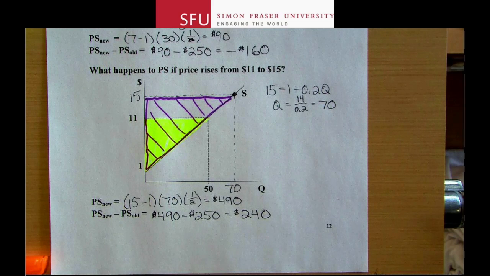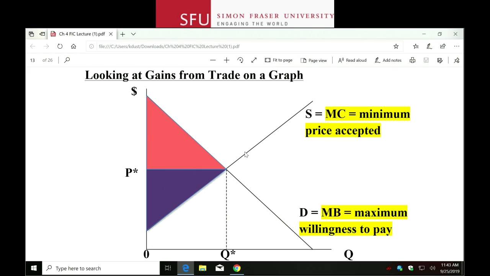Okay, so next thing, we will put the demand and supply curves together to measure the total gains from trade. First thing in the notes, I have just added this over here, just reminding you what the curves represent. So the supply curve represents the cost of production and the marginal cost of production, so the cost per unit.